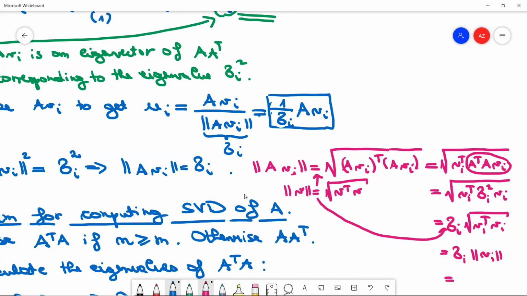So what remains is sigma I. So this is just a short argument for my claim that the norm of AVI is sigma I, and I really don't need to compute the norm of AVI in the algorithm again, because it's precisely the singular value sigma I.